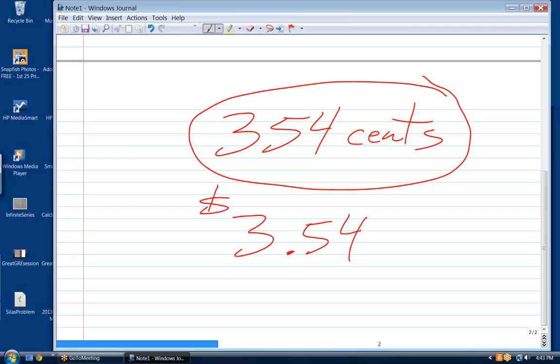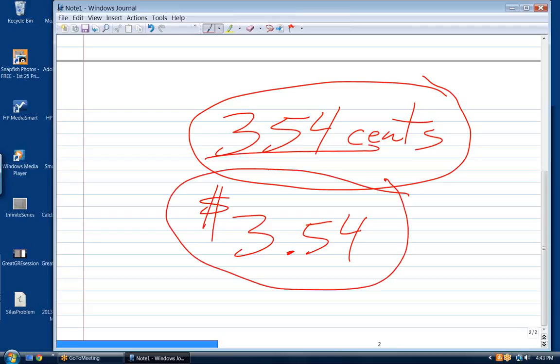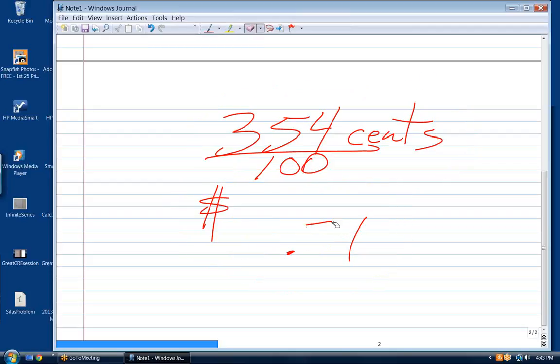In other words, the moment I convert it to dollars, I have to divide this by 100, because I'm dividing it by 100 cents per dollar. Let's look at that for a moment. That might be useful for you. In other words, I had 354 cents was my answer. But if I want to put it in dollars, well, what do I know?